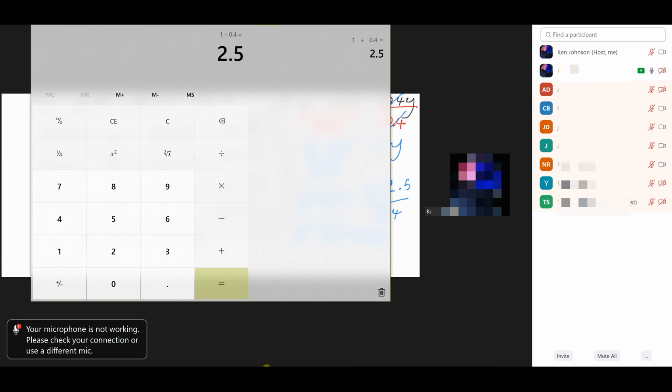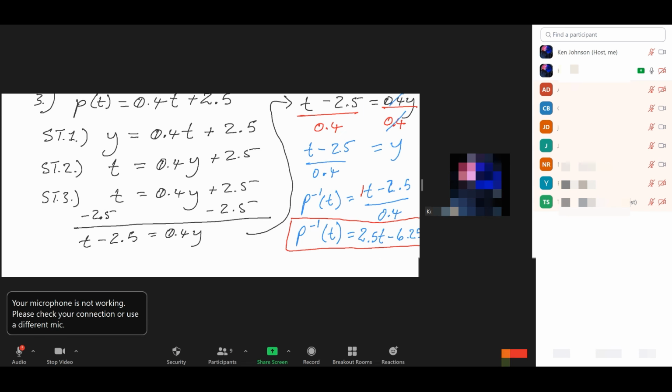And then we'll do negative 2.5 divided by 0.4. And we'll get negative 6.25. Right, so that's what we'll do.